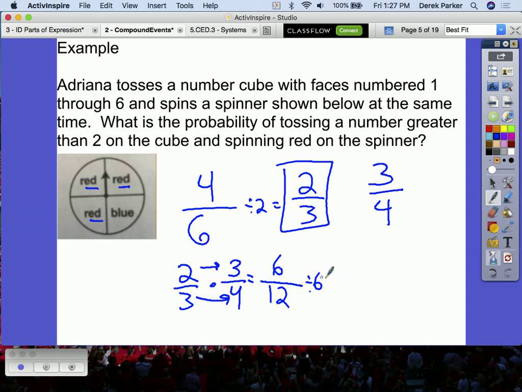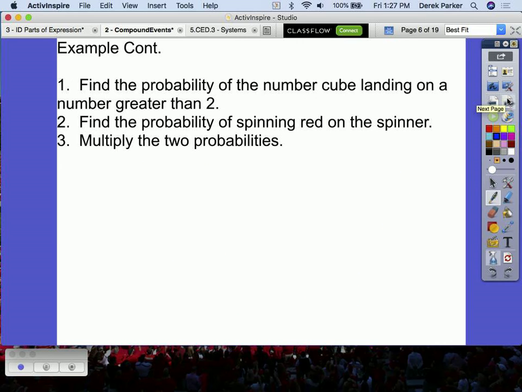Simplify if needed. So in this case, the common factor is 6, and I get 1/2. So you have a 1 out of 2 shot of rolling a number greater than 2 on the cube and spinning red on the spinner. And there's the written out response of how to do this.